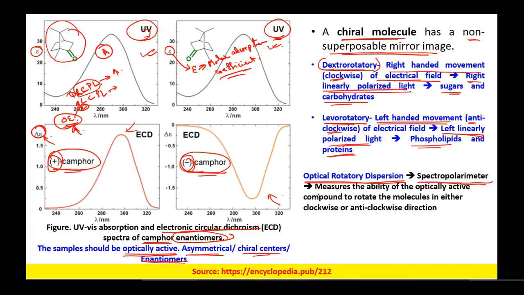It measures the ability of the optically active compound to rotate, it will not be the molecules, it will be the electrical field, sorry, either in the clockwise or the anti-clockwise direction. So here I have used another important parameter which is different from CD spectroscopy.